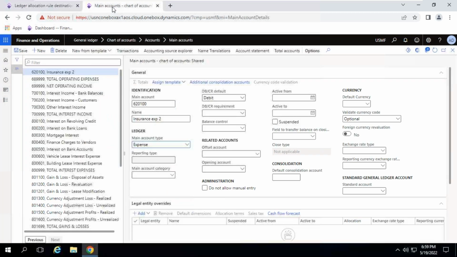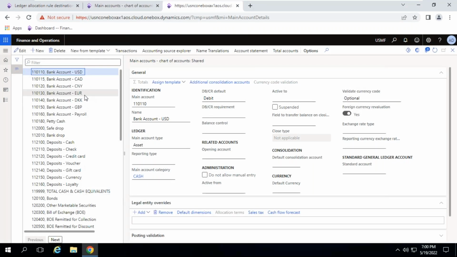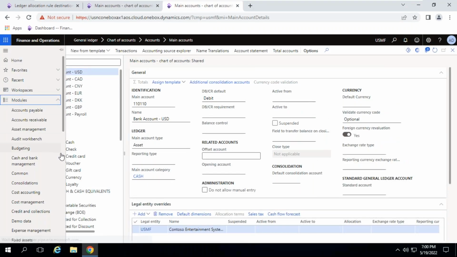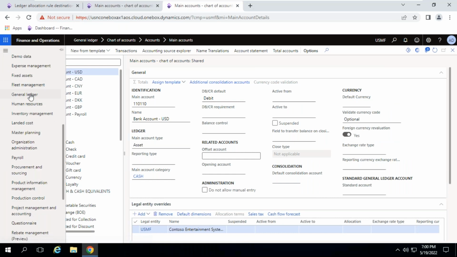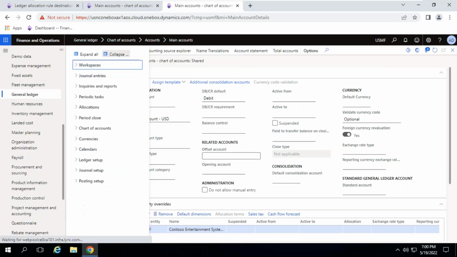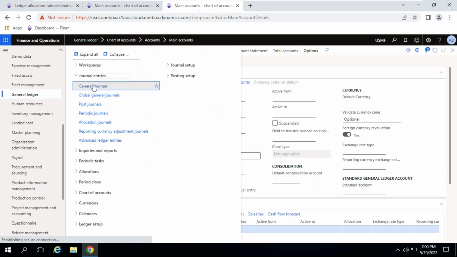Okay. Now what I'm doing, I'm creating some expenditure. General ledger, collapse all, journal entries, general journals.